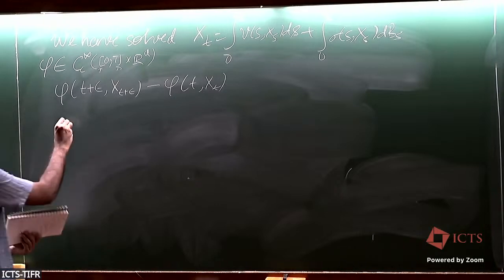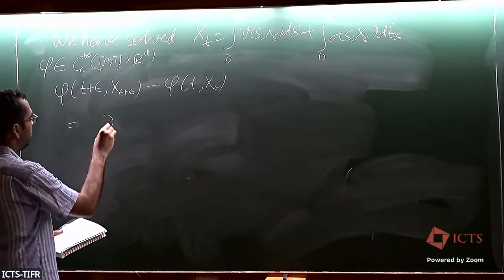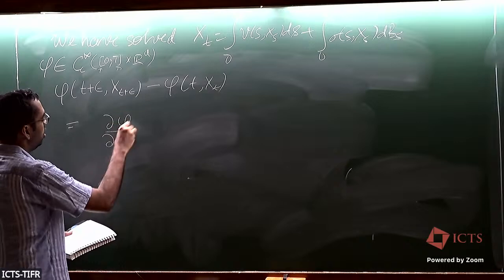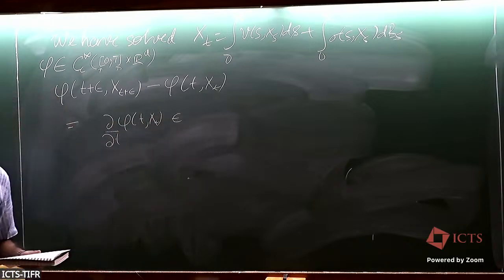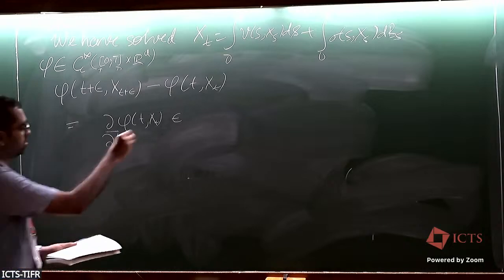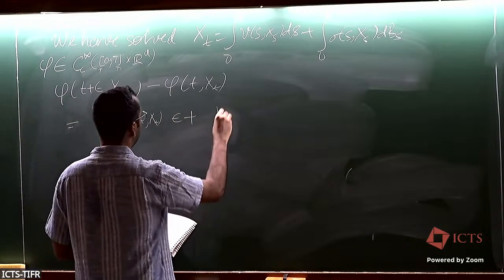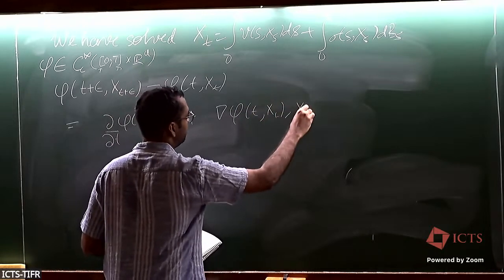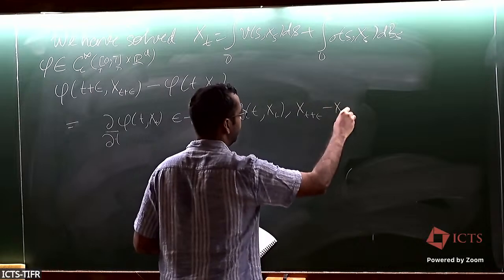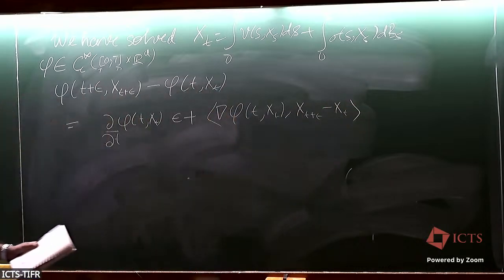What I'm saying is you can do something like the partial derivative in t of phi(t, X_t) times epsilon, plus, let's say, gradient phi(t, X_t) times (X_{t+epsilon} minus X_t). Why is this not good enough?